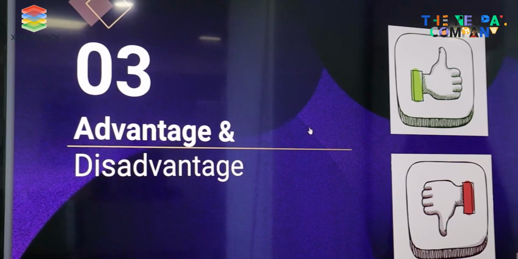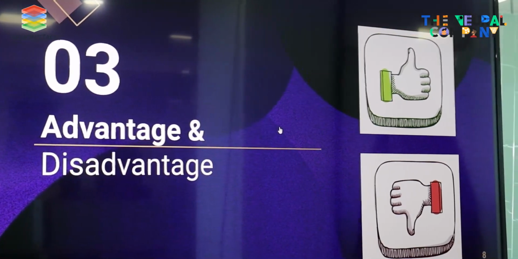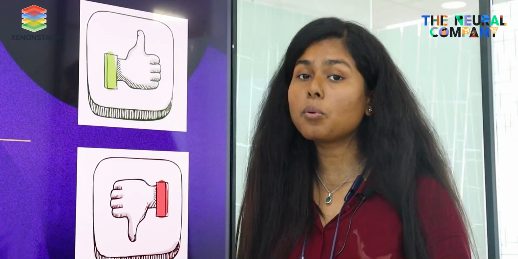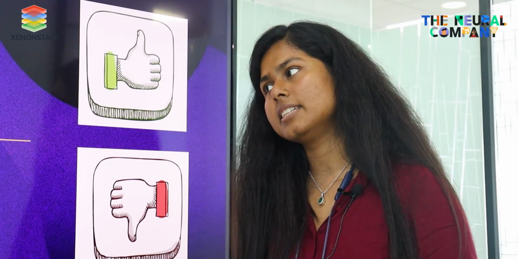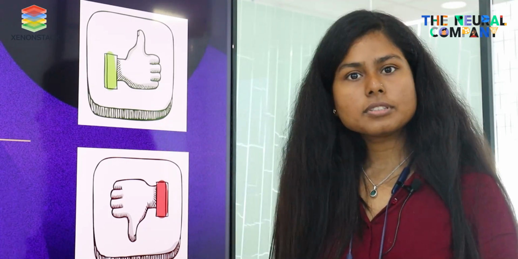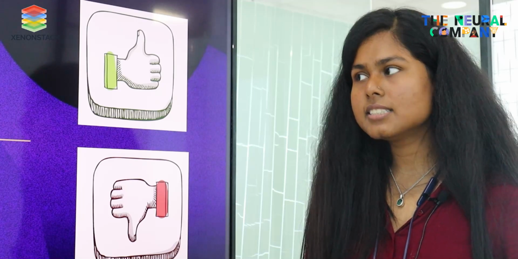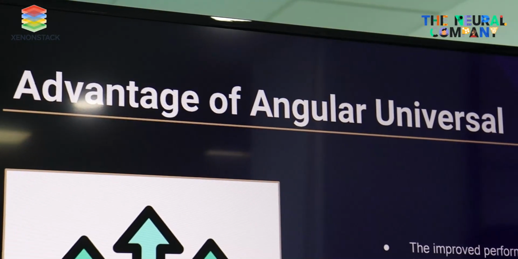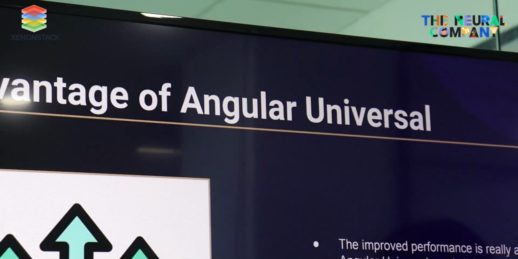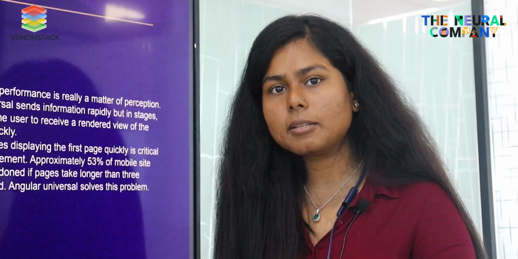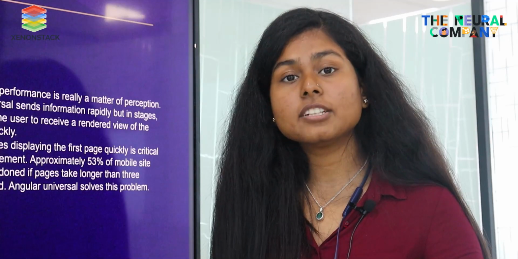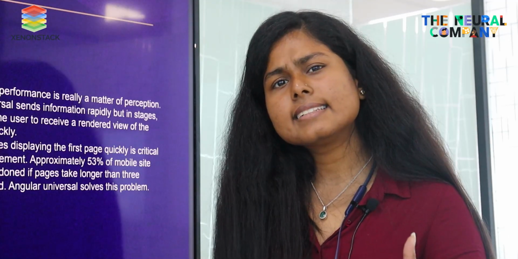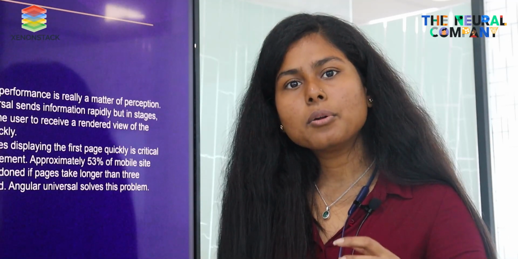So as we know, everything has its pros and cons. Angular Universal has its own advantages and disadvantages. I mostly talk about all the advantages, but let's learn more clearly. 53% of mobile users who are using websites on mobile leave the page because of a slow network, as it takes too much time to render.